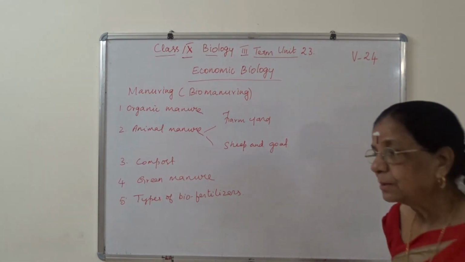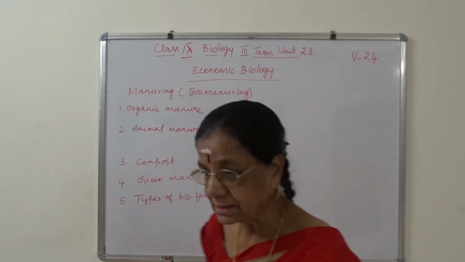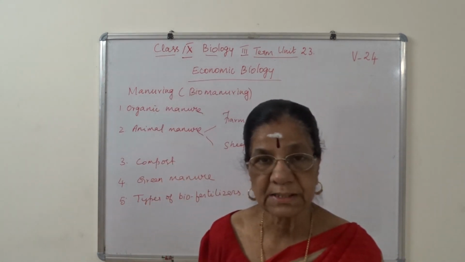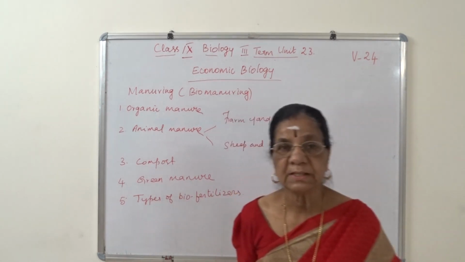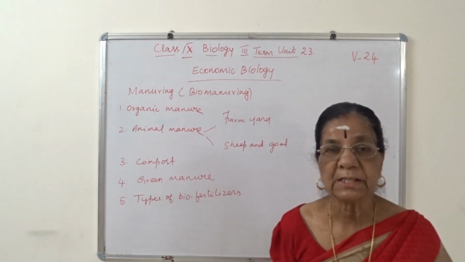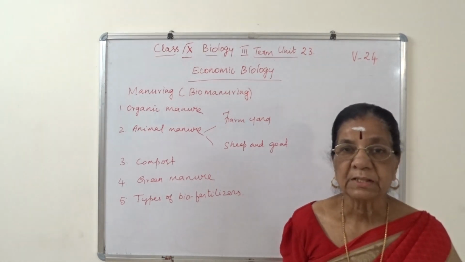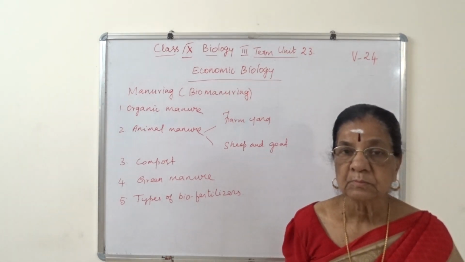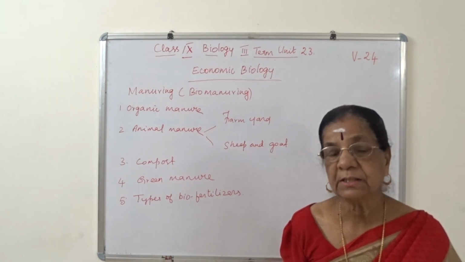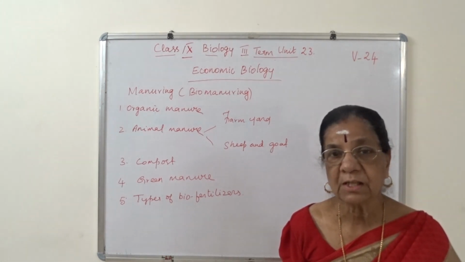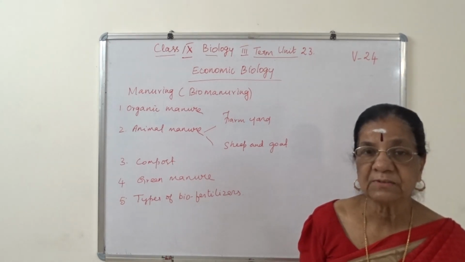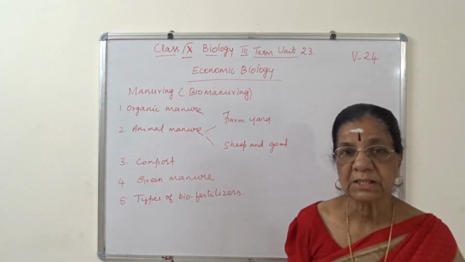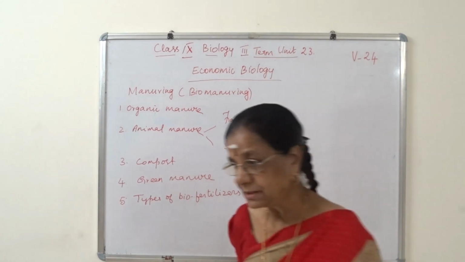As I said earlier, we have learnt these in practicals. First one, Rhizobium in the root nodules of leguminous plants. Then Nilavembu kudini, aloe vera, and Agaricus bisporus. These three we have learnt in economic biology. I hope you remember that.